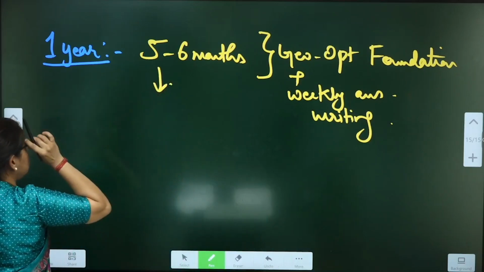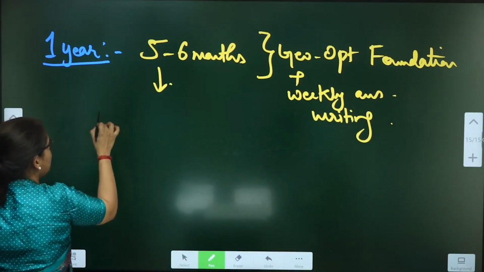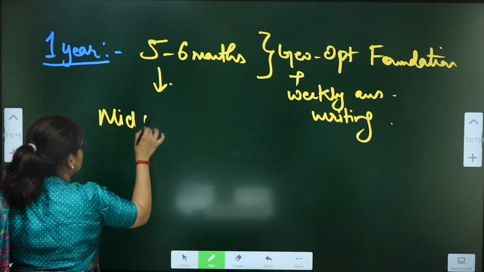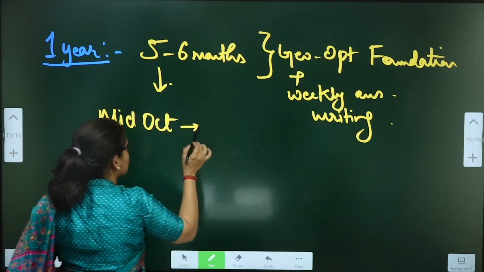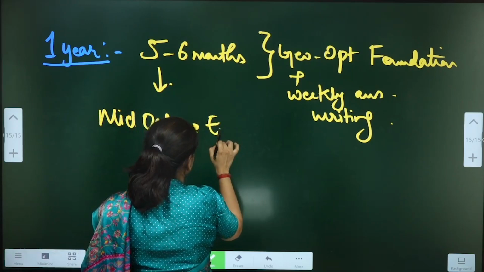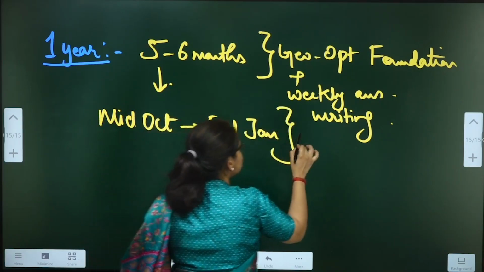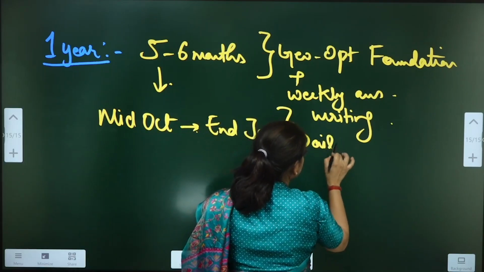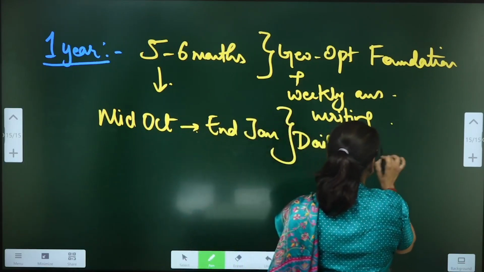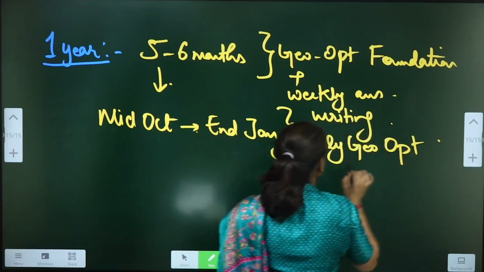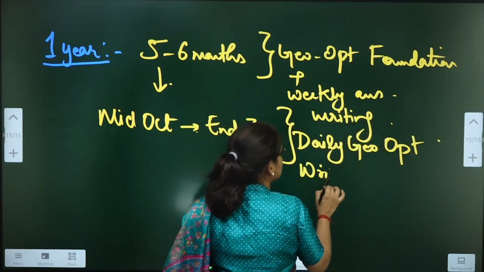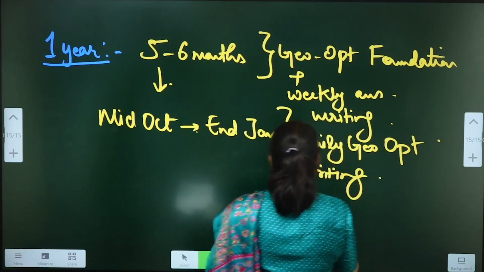Later on, let's say somewhere from mid-October till, let's say, end of January, you must practice daily geography optional answer writing. You already have the content, isn't it so?